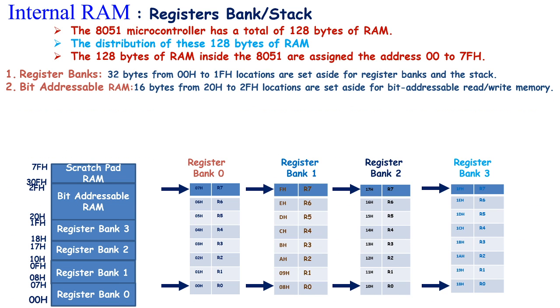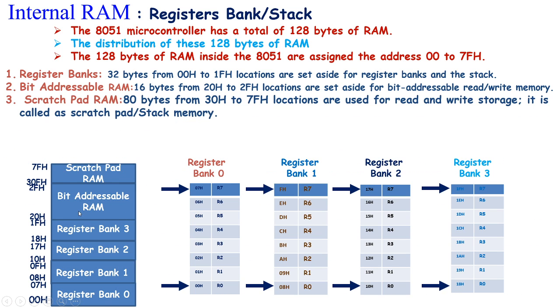Bit addressable RAM: a total of 16 bytes of RAM are there, whose address starts from 20H and ends at 2FH. So this is the bit addressable random access memory. The remaining part is 80 bytes. These 80 bytes start from 30H and end at 7FH.